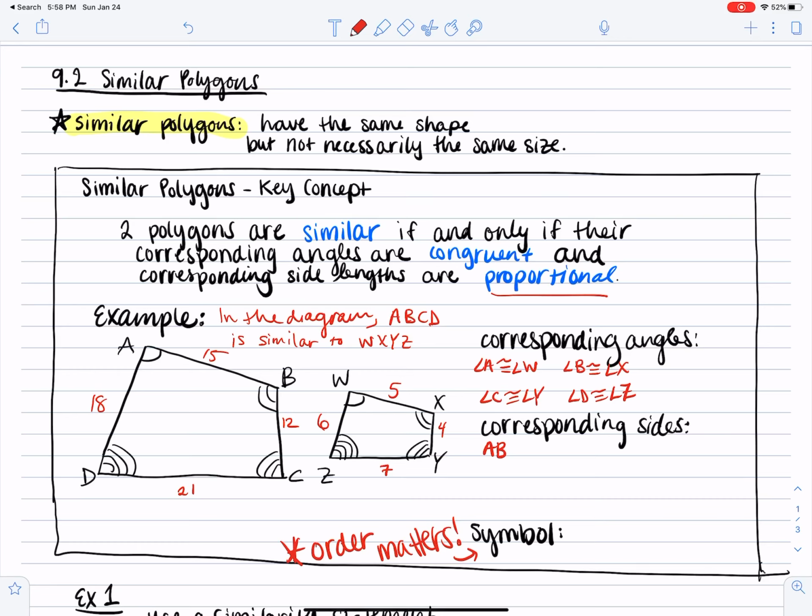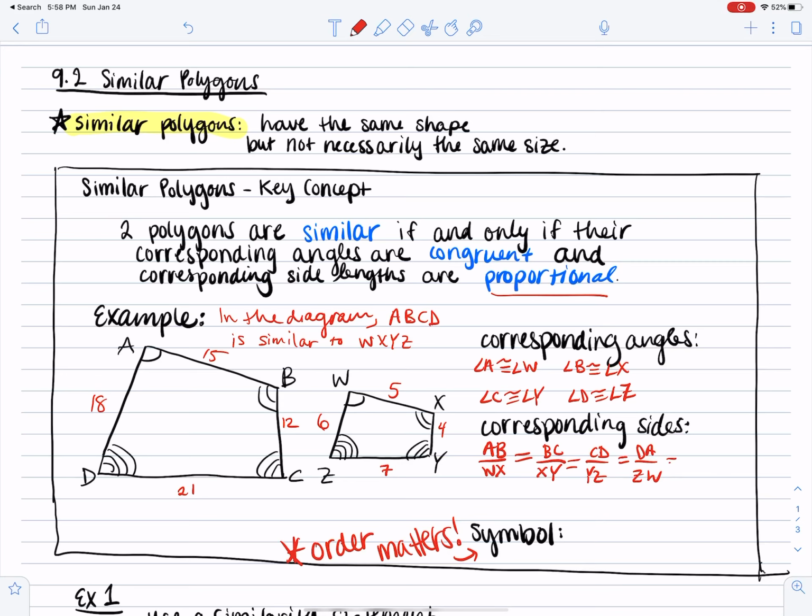So AB matches with WX, so we're going to put those over each other, which equals proportionally BC over the side length that it matches, which is XY, and CD over ZW, and DA, oh, sorry, I got that mixed up. CD goes with YZ, and DA goes with ZW.